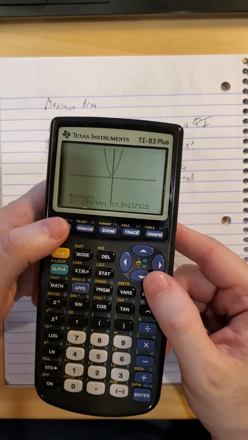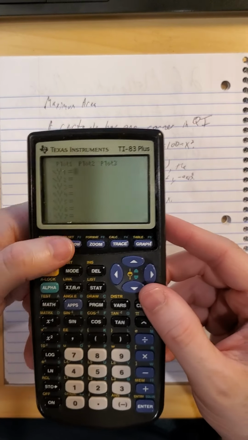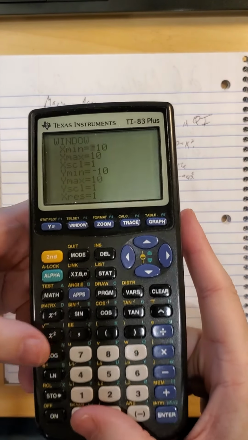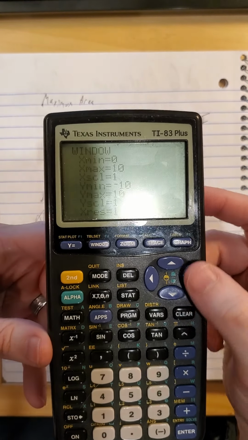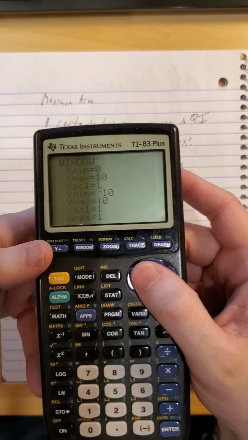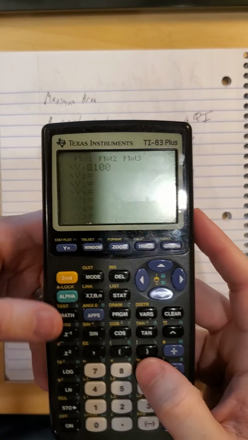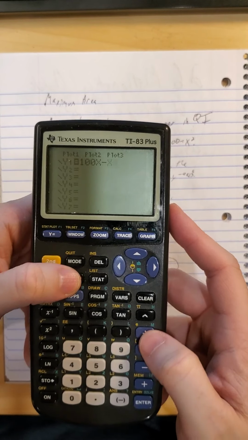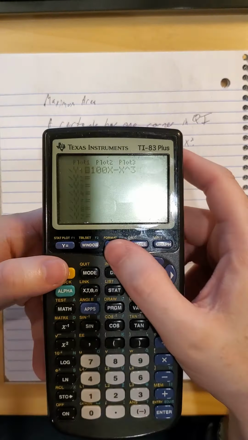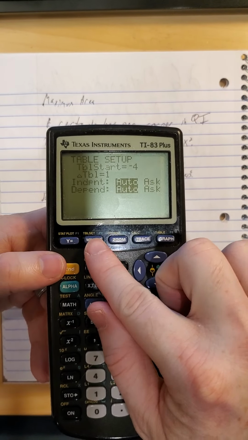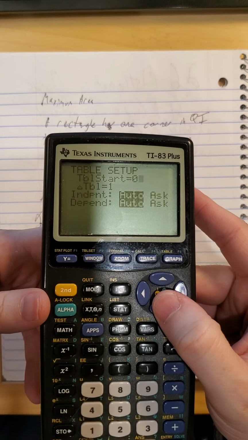And we can use the calculator to figure out what we should set the y window to. But the x window, so I'll set that min to 0, and the max we'll keep it at 10. Our scale will stay as a 1, and then we'll go in and put in our 100x minus x raised to the third power. And we'll go to our table set. So second and above window there is table set. So we'll start the table at 0.